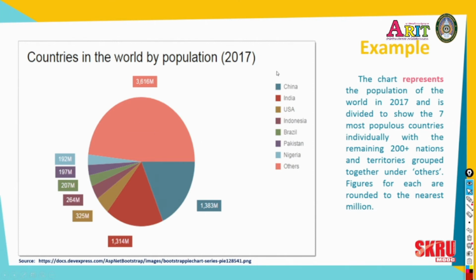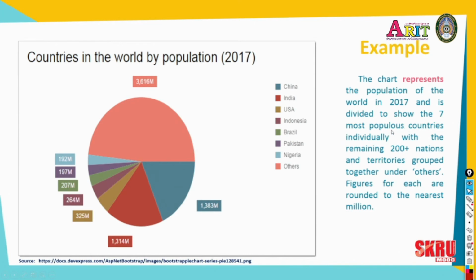If we describe this particular chart, the chart represents, previously in the last time we said shows, same meaning, the population of the world in 2017, and is divided to show the 7 most populous countries individually, with the remaining 200 nations and territories grouped together under others.